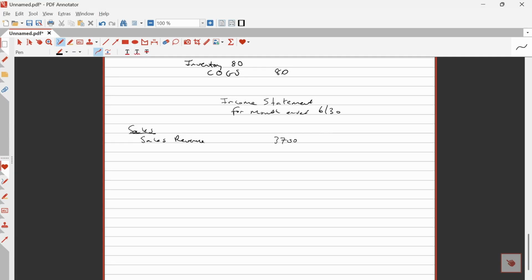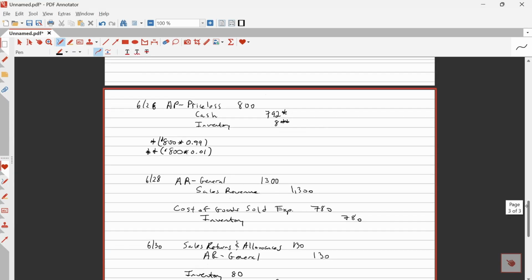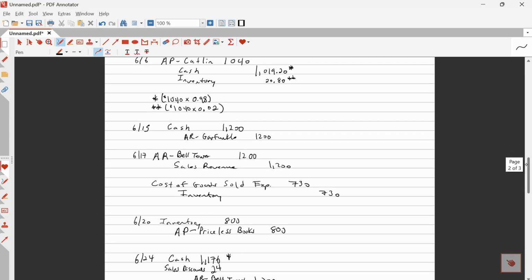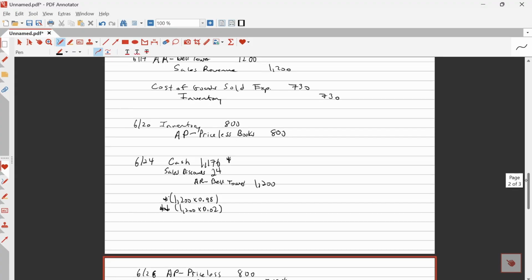But that's the gross sales revenue. What's the balance at the end of June in sales returns and allowances? And what's the balance in sales discounts? The balances in those two accounts have to be subtracted from gross sales revenue. So the balance in sales returns and allowances, just go through the journal entries, find sales returns and allowances.